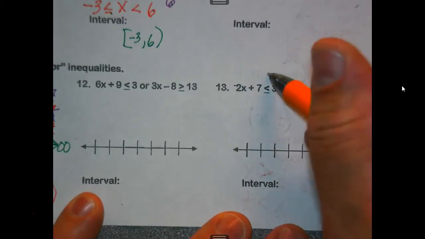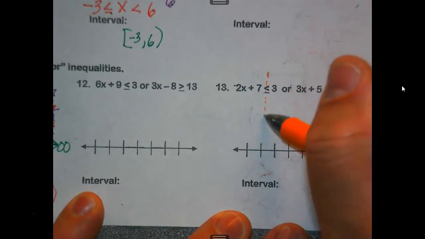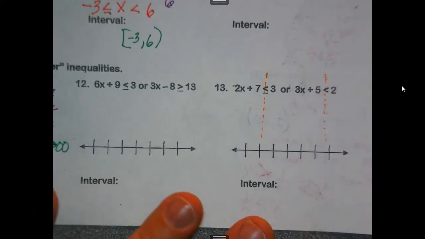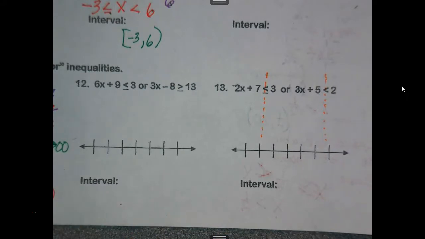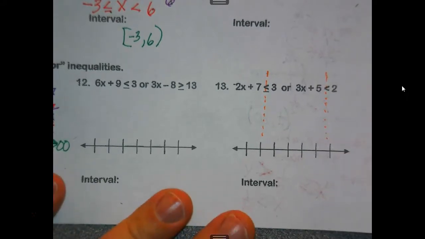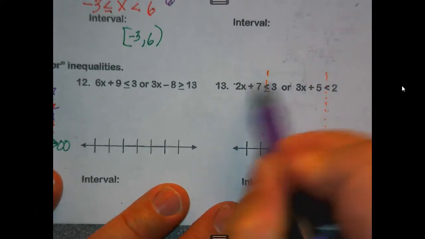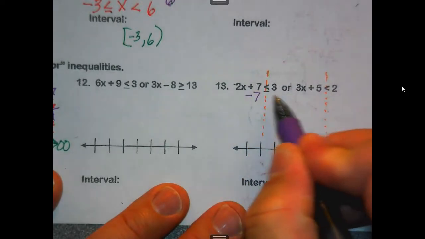Okay, we have two inequalities that are OR compound. So I know my graph is going to go opposite ways 90% of the time. I'm going to do the first one here. I'm going to subtract 7 from both sides.